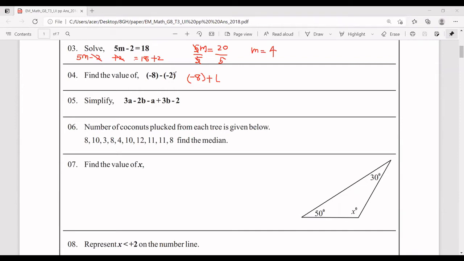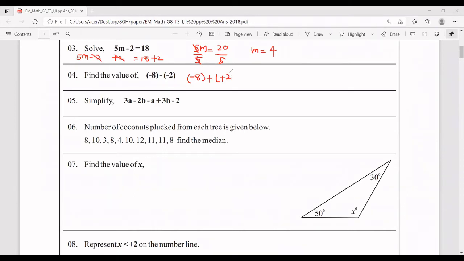Additive inverse means when you get a certain integer, when you add the additive inverse to that, you will always get 0. That means additive inverse of minus 2 is plus 2. Additive inverse of plus 5 is minus 5. Like that. Change the sign and get the same number. Then additive inverse is plus 2.